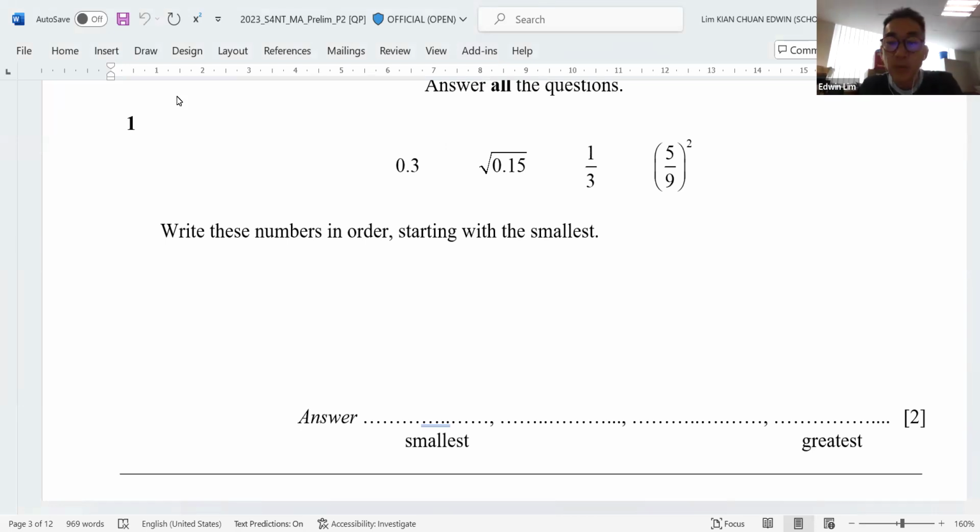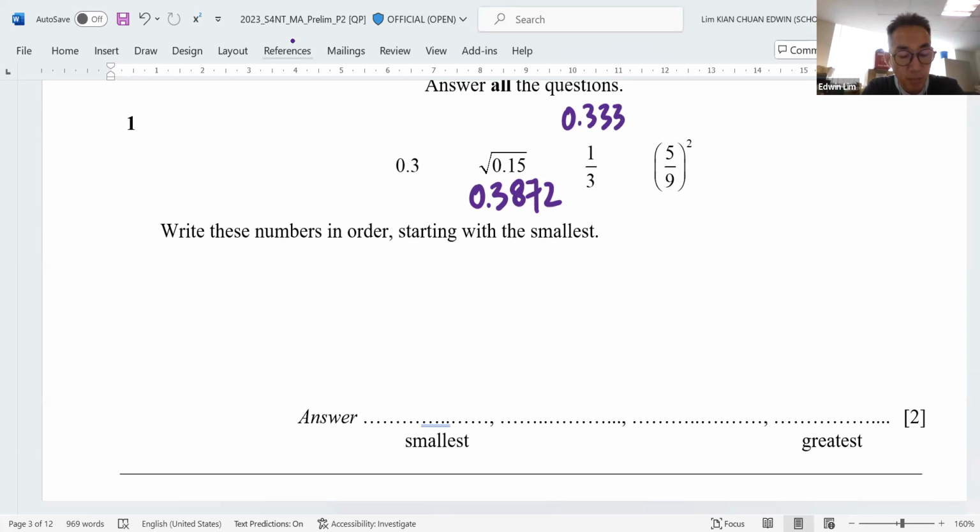Right, 0.3 you don't have to change. Square root of 0.15, you will get 0.3872. The next one, 1/3, you will get 0.333.